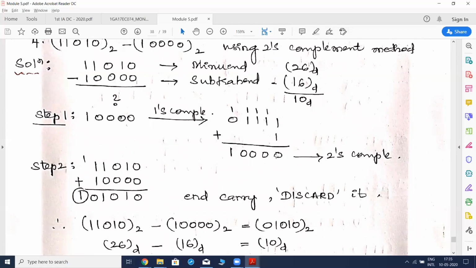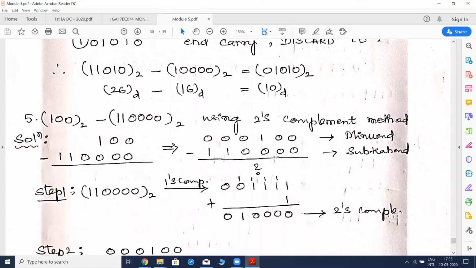So just discard it and stop there itself. But when the subtrahend is greater than the minuend, we won't get any carry. At that time we have to take the 2's complement of the number that we get in step 2, and we must put a negative sign.